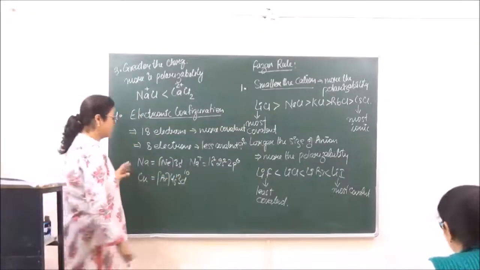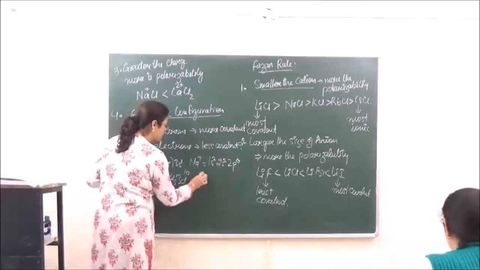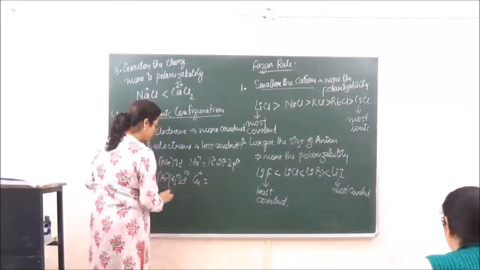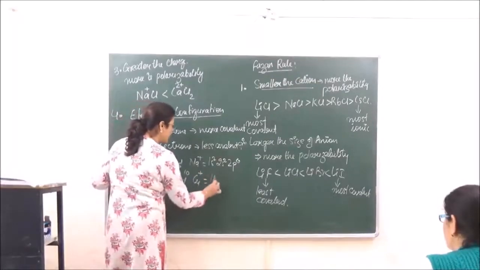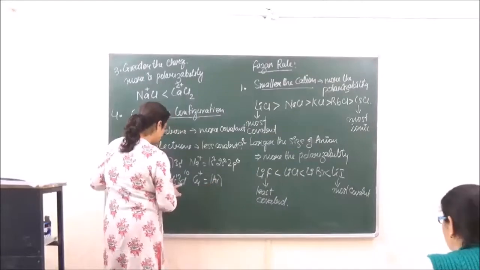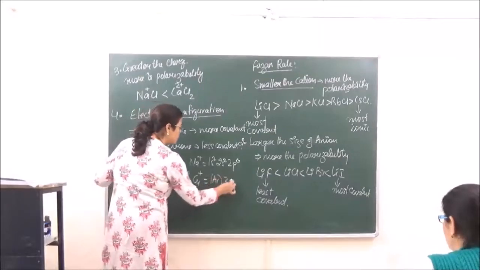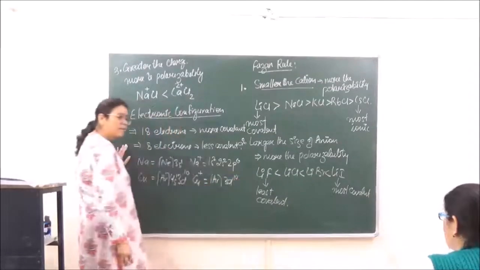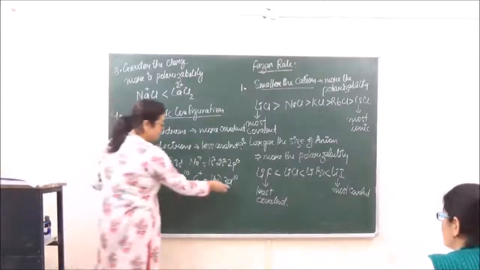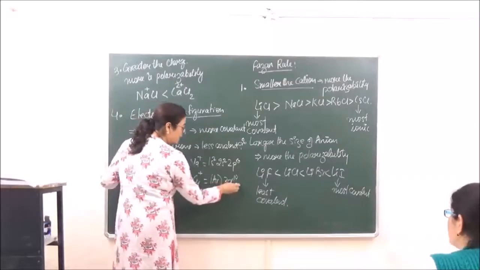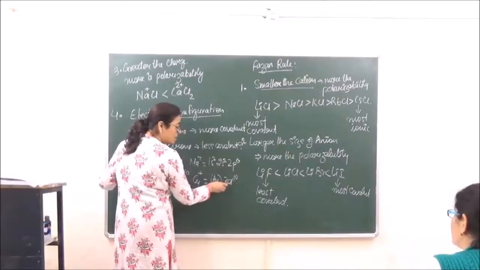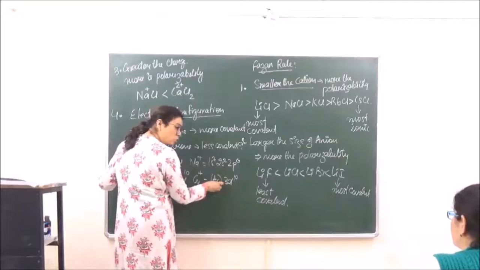And for Cu positive, the electronic configuration becomes argon 3d10, which means it will have 3d10 and also 3p6 and 3s2.